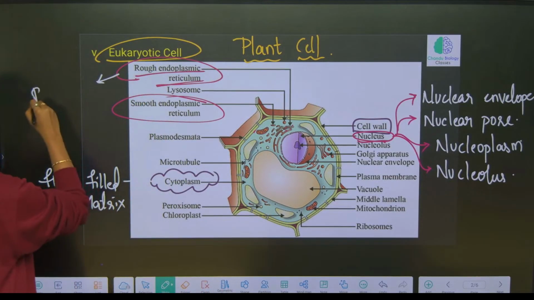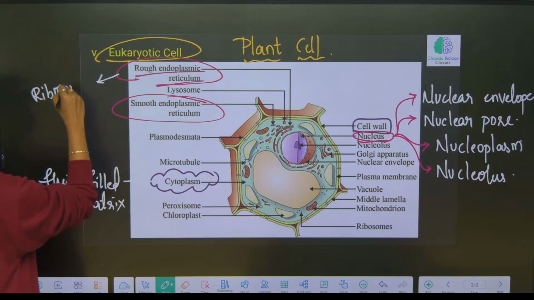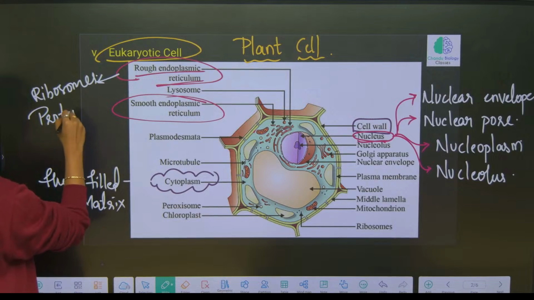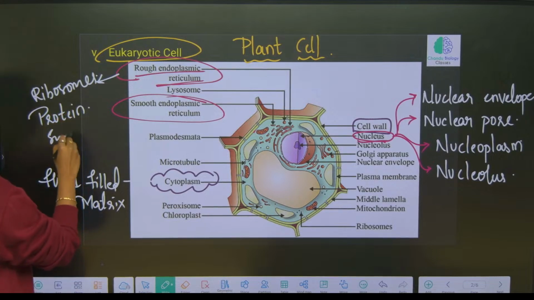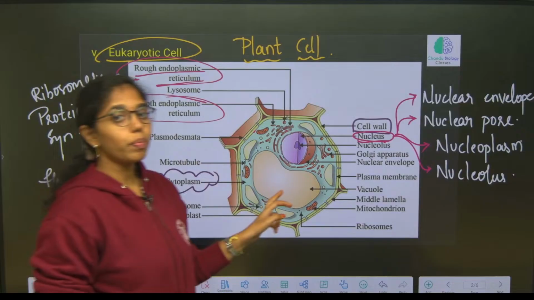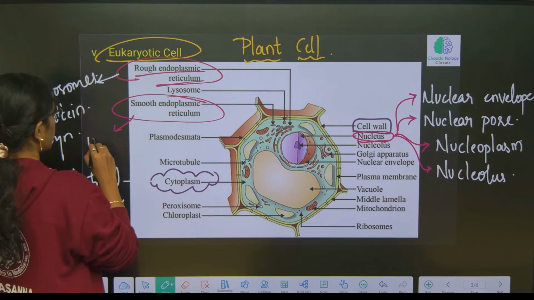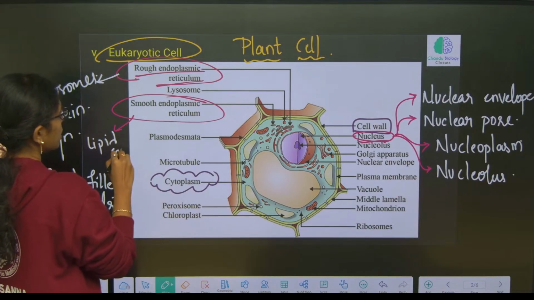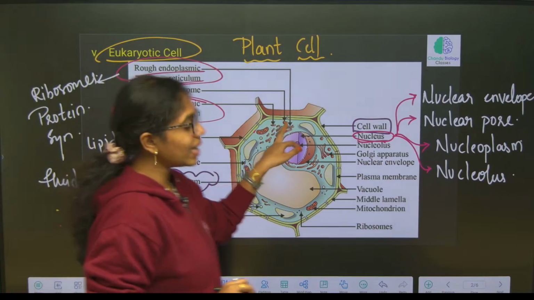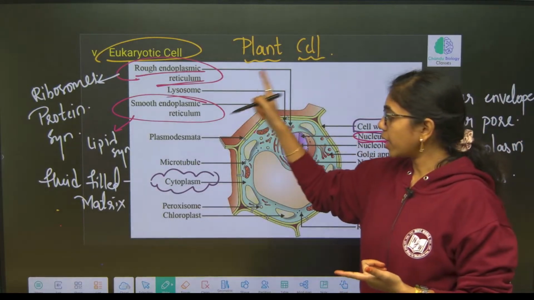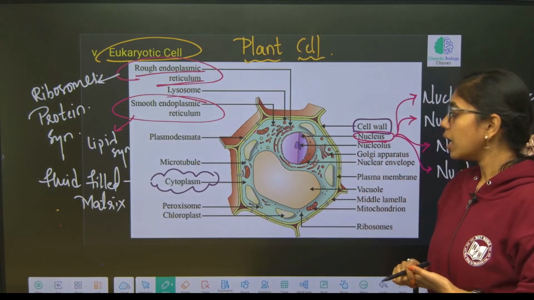It has ribosomes over it and is purely involved in protein synthesis. And then smooth endoplasmic reticulum is involved in lipid synthesis. This is about the nucleus and the extensions of the nuclear envelope, both rough and smooth endoplasmic reticulum.